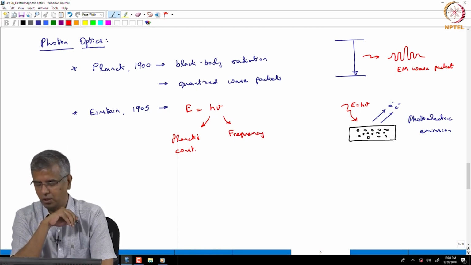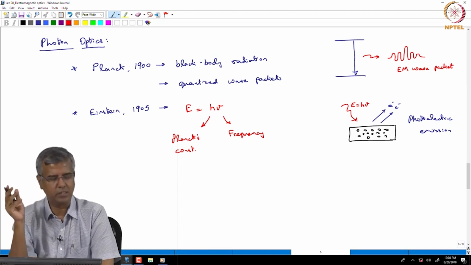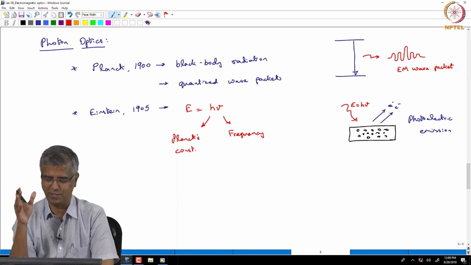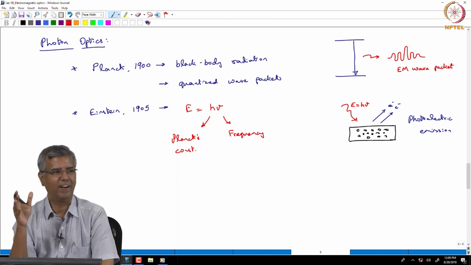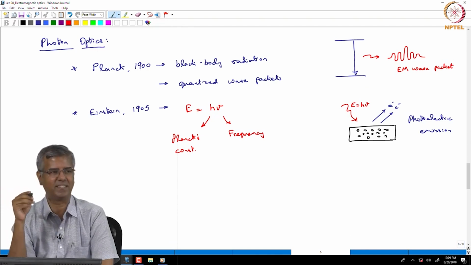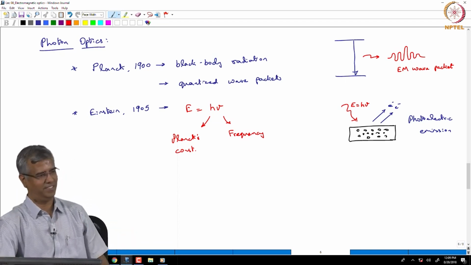Okay. So, now the entire scenario changes quite a bit. So far, I want you to think about this as if you are in around the 1900s. All you know about light is that light travels as waves, right, and of course, Maxwell came up with this fantastic observation that light can travel as electromagnetic waves, and that is what people knew of, and then Einstein came up and says, no, light actually travels as photons.